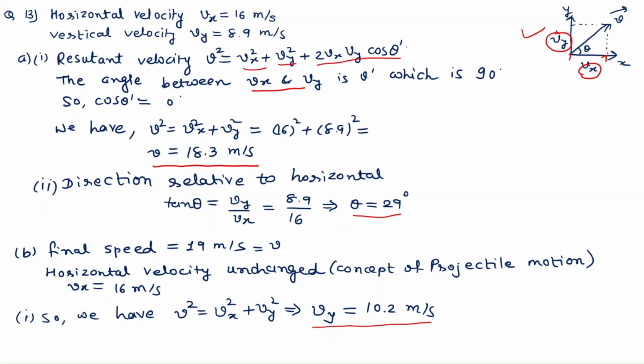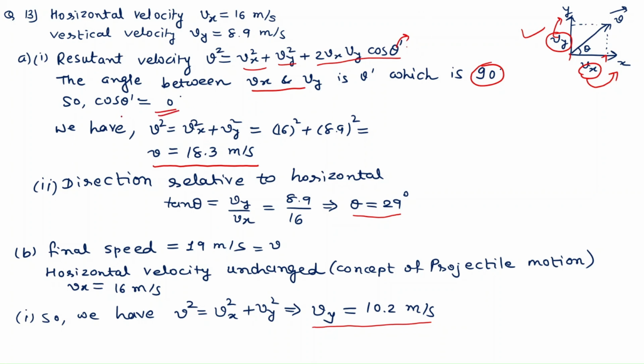Here, we have Vy in the direction of y and Vx in the direction of x. Now, the angle between these two is 90 degrees because the y-axis and the x-axis are perpendicular to each other. So we put the value of theta prime here, and we all know cos 90 degrees is 0.